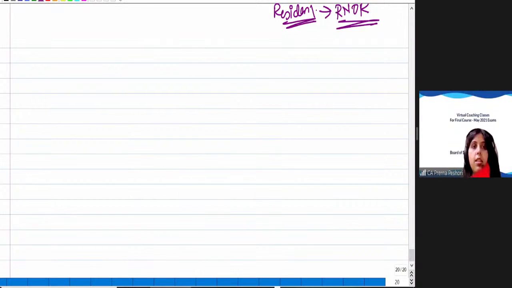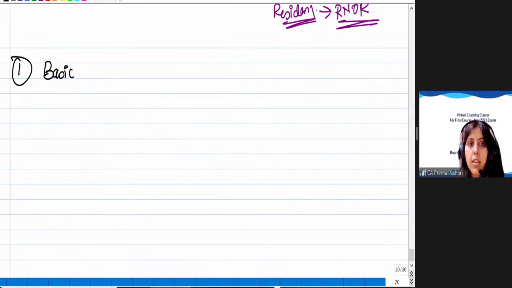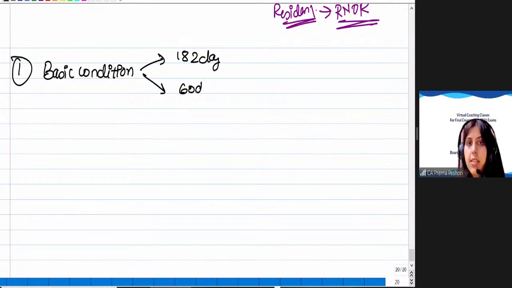Understand one thing. First we have to see the basic condition. What are the two basic conditions? 182-day, and 60-day plus 365-day. This is for any person.